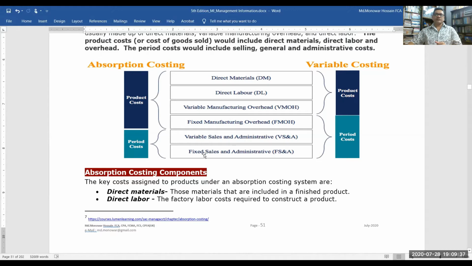Under absorption costing, the only period costs are variable selling and administrative expenses and fixed selling and administrative expenses. So the difference is only in the fixed manufacturing overhead. It is included in product cost under absorption costing, but under variable costing it is used in period cost. That is the only difference.